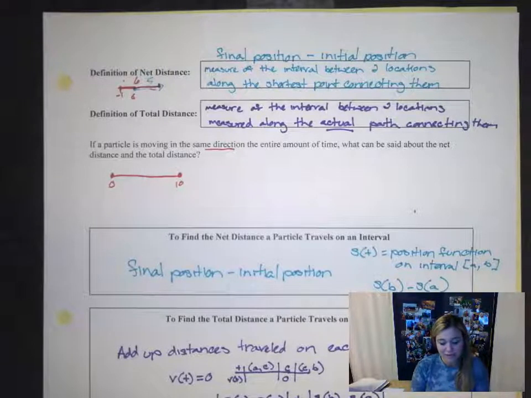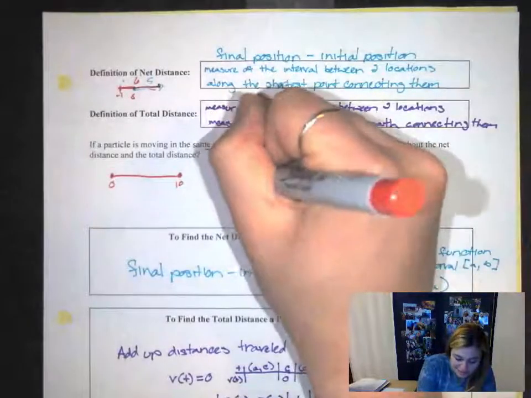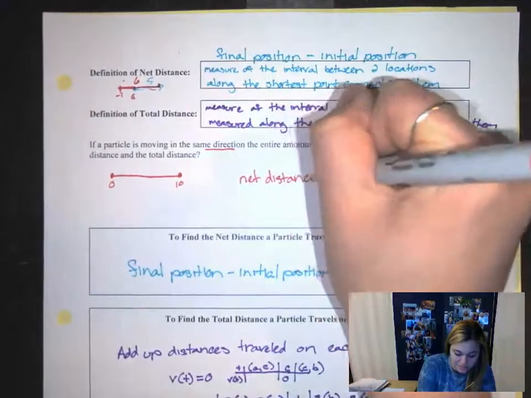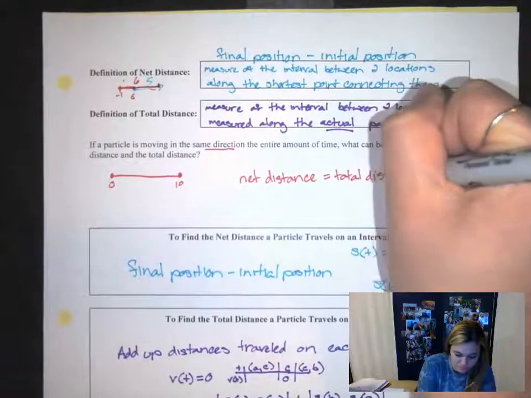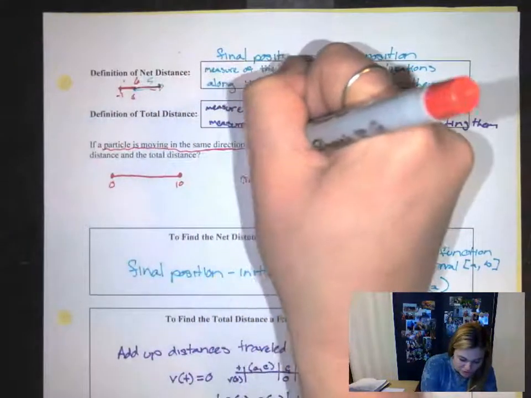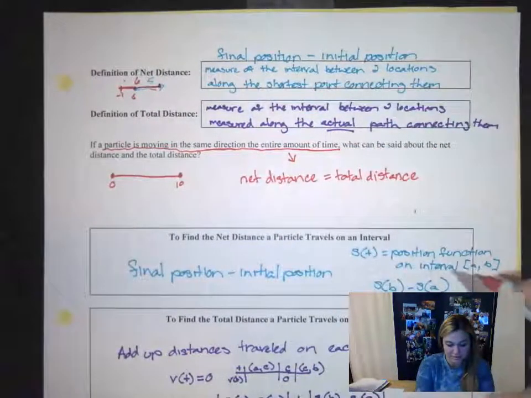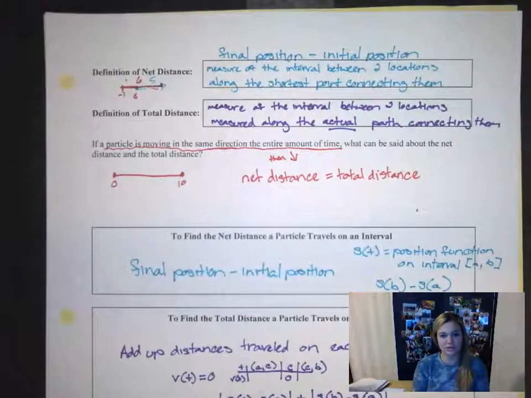So if you're moving in one direction the entire time, the net distance will equal the total distance. But only if a particle is moving in the same direction the entire amount of time. So not all the time, but in those circumstances.